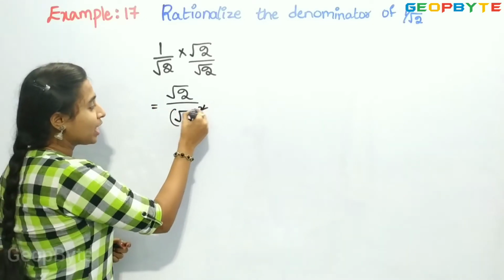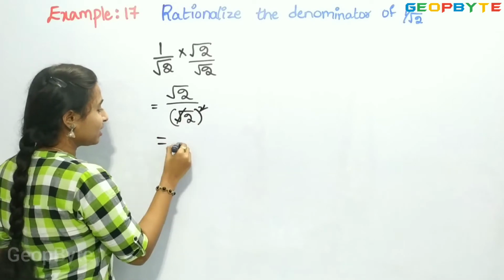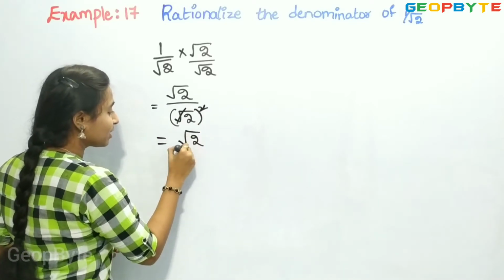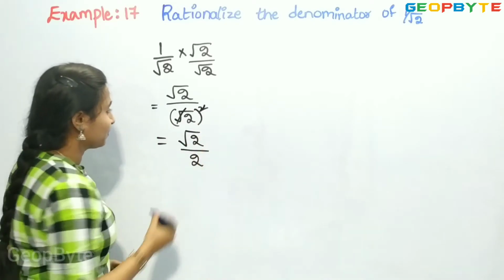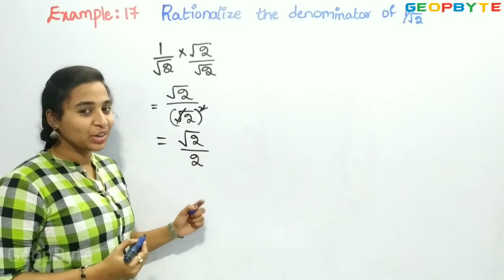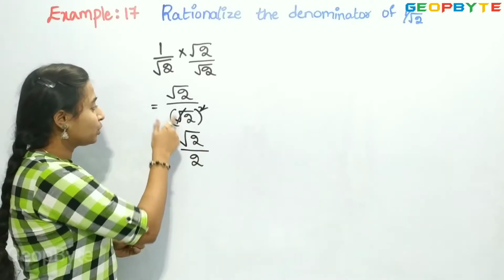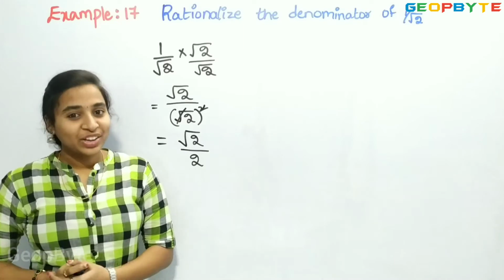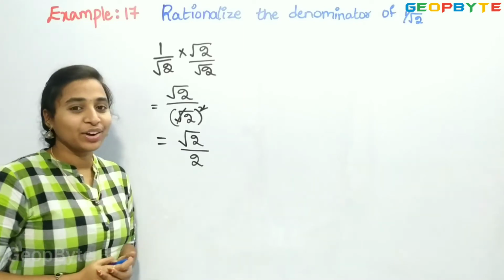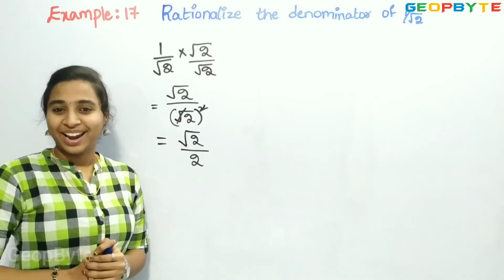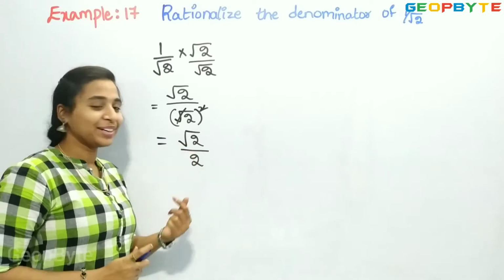The square and root get cancelled. Only 2 is left in the denominator. So we get root 2 by 2. We rationalized the denominator of 1 by root 2 and got root 2 by 2.